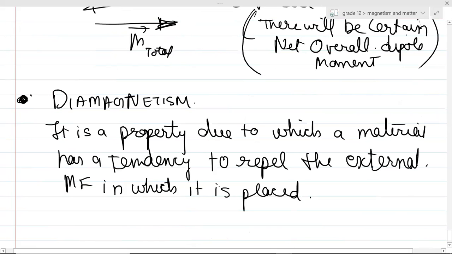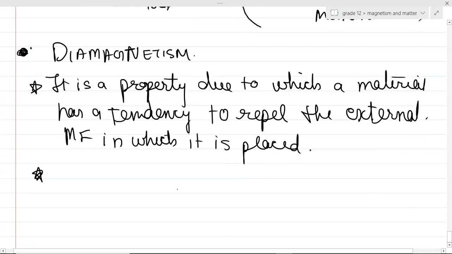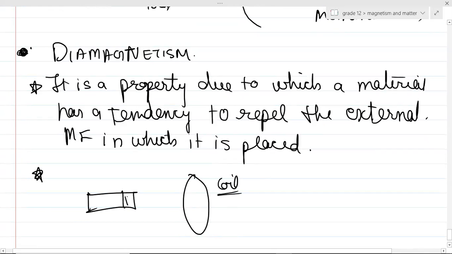So basically, whatever external magnetic field you apply on it, this material will try to repel it with a magnetic field of its own. Okay. For example, suppose there is a coil. I'm trying to make you understand; this is not a diamagnetic block, this is just a coil. And suppose you are moving this magnet, where B external is coming out, right?